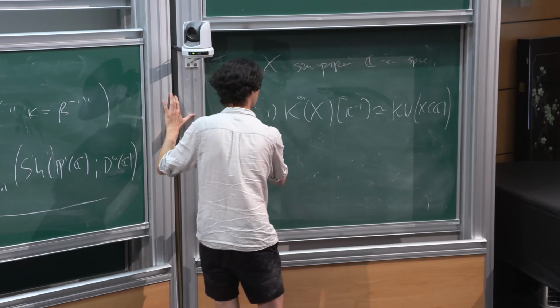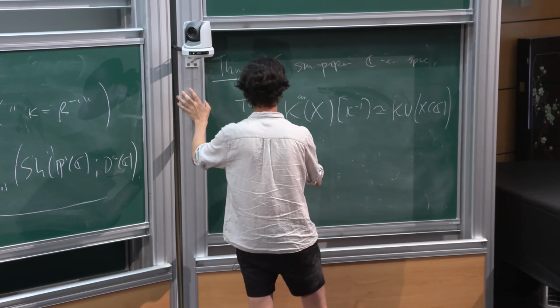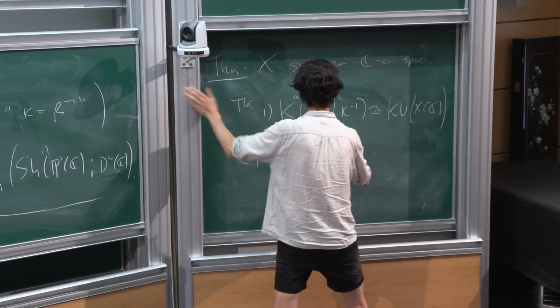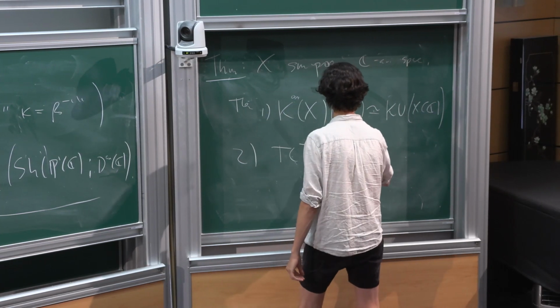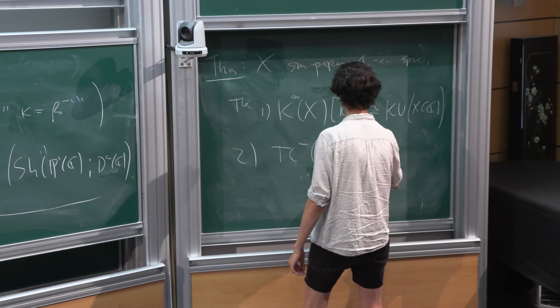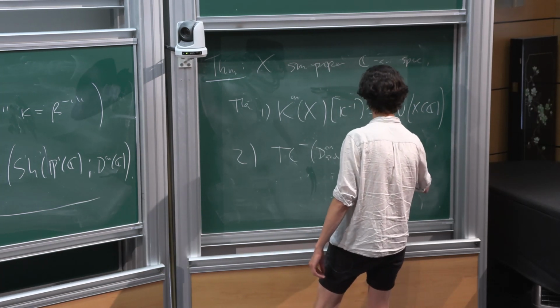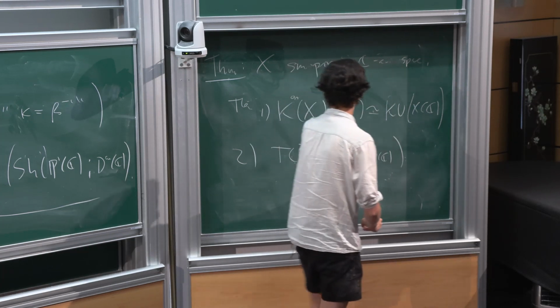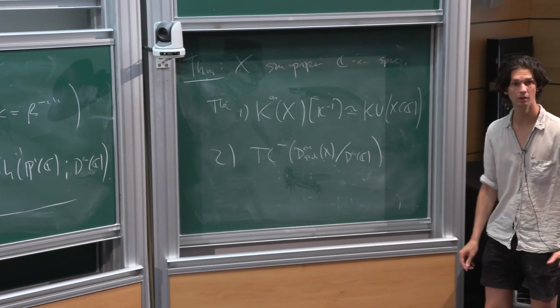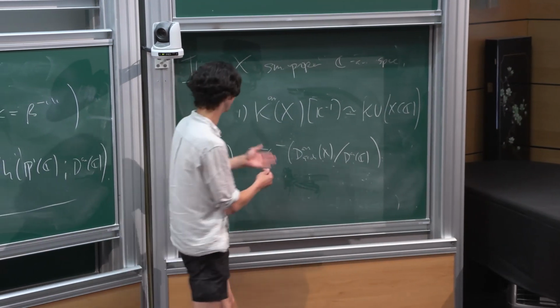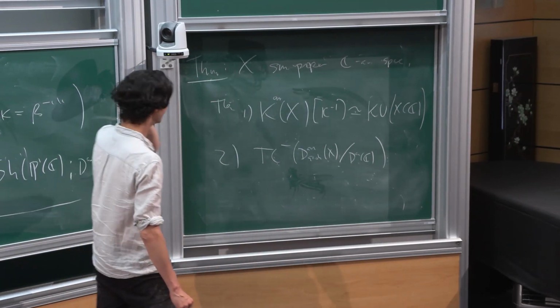And then the second claim is that if you take TC minus of this, the category Coh_an(X) relative to the category over a point, but this is just HC minus. Yes, that's right, it's the same as HC minus. Thank you. Yes, we're in characteristic 0. It's a good point.